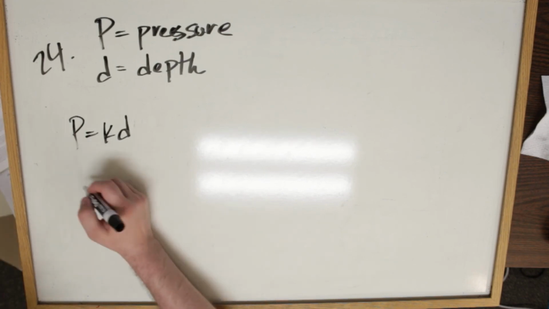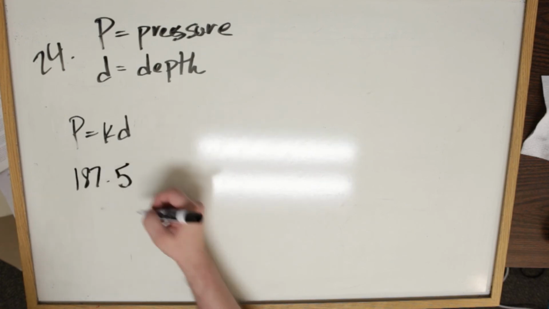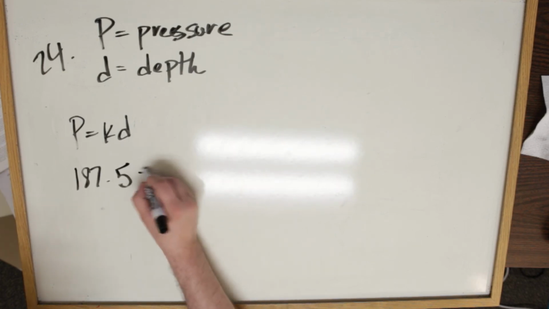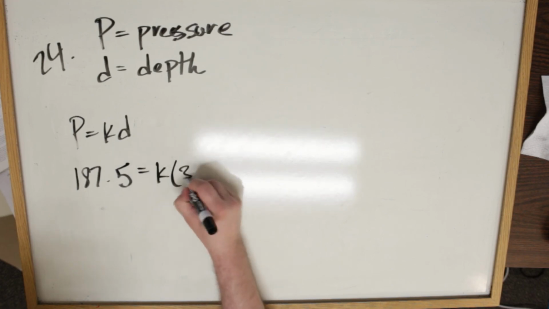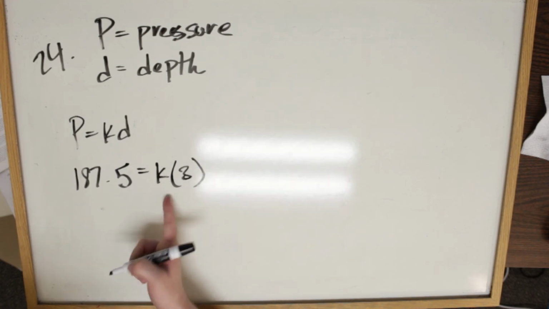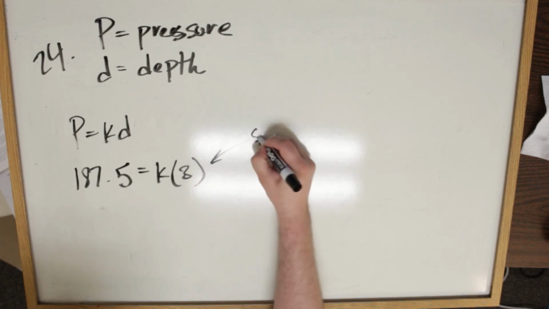They say when the pressure is 187.5 pounds per square foot, the depth is 3 feet. So this is equal to K times 3, or 3K, I should say. So what this is doing is it's telling us, here's a specific case.